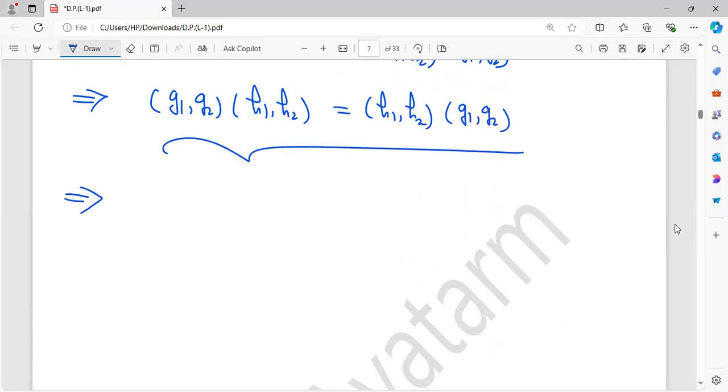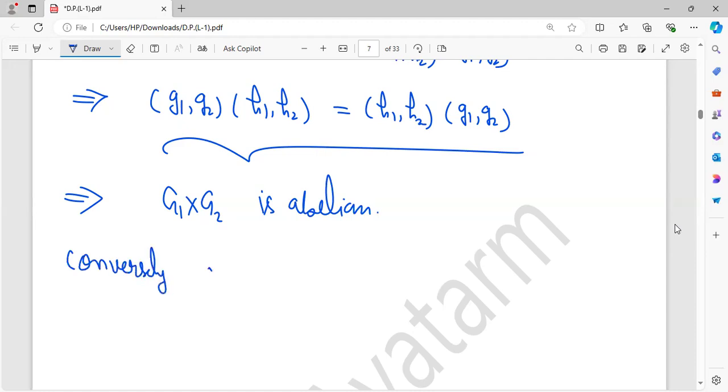This implies G1 cross G2 is abelian because commutative property holds in the Cartesian external direct product. Okay. Now conversely assume that G1 Cartesian G2, it means external direct product, is abelian.